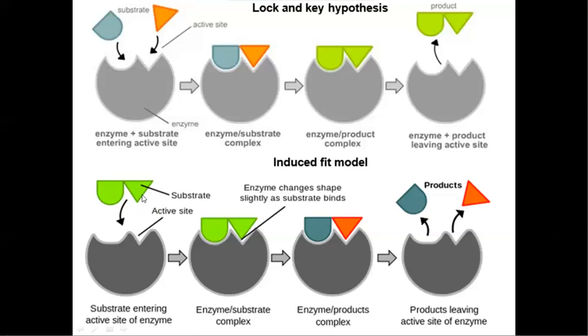That's why the substrate can be easily attached at this position, although initially the active site is different. After the conformational change, the substrate attaches at the active site, and a suitable chemical environment is present between the substrate and the active site.